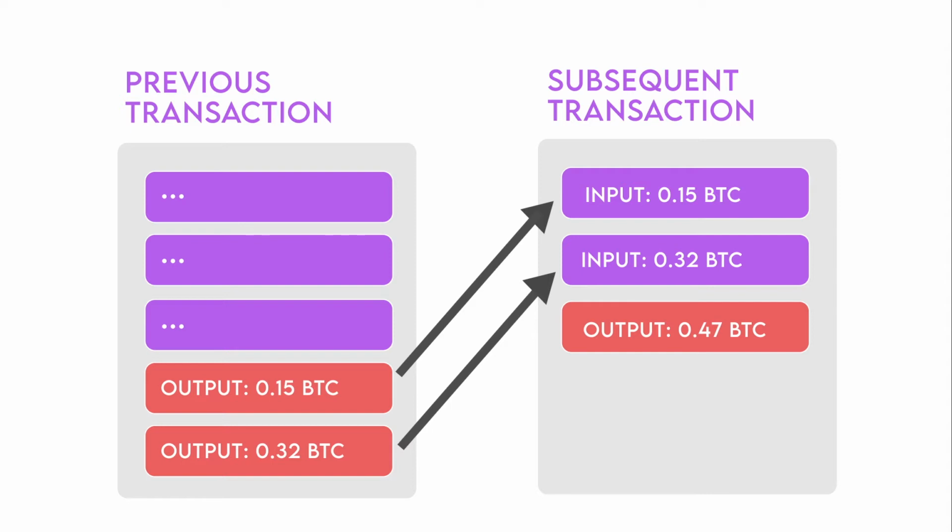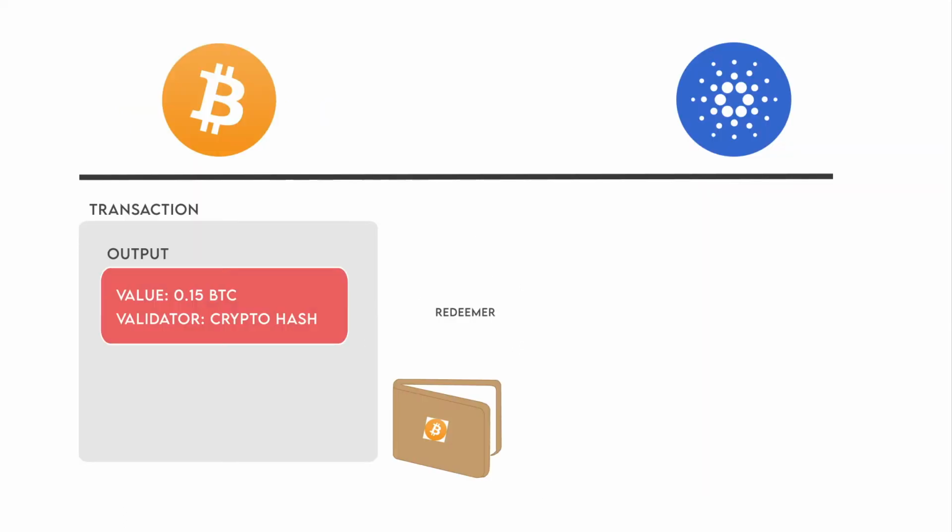And you can see here that the outputs and inputs are balanced. Okay, so now we understand how each transaction in the UTXO model is related to another. Namely, to reiterate, the outputs of a previous transaction become the inputs of the subsequent transaction.